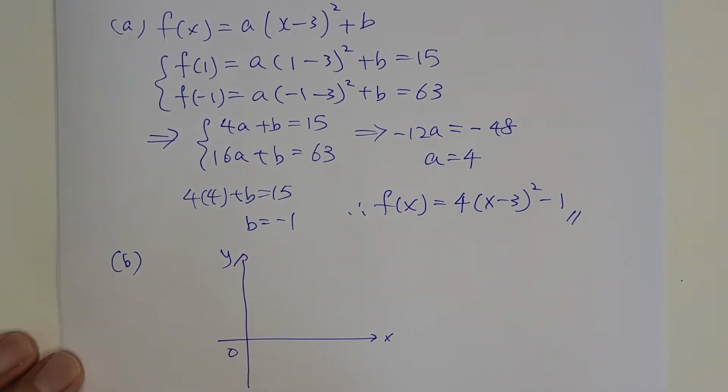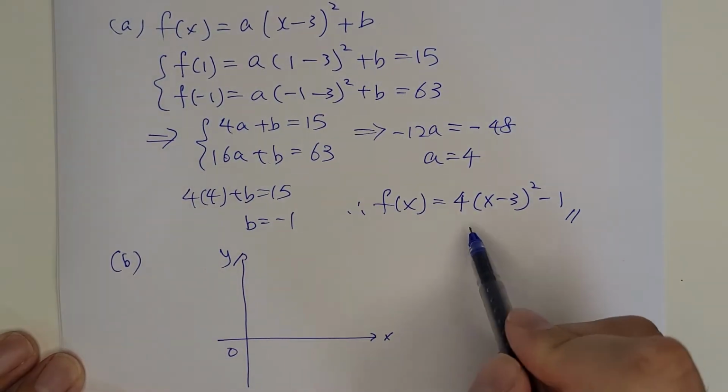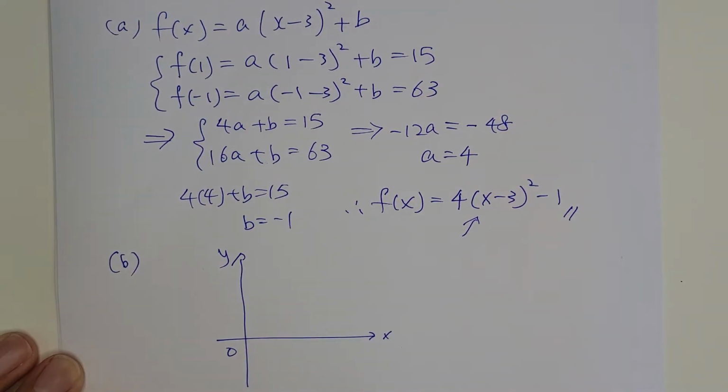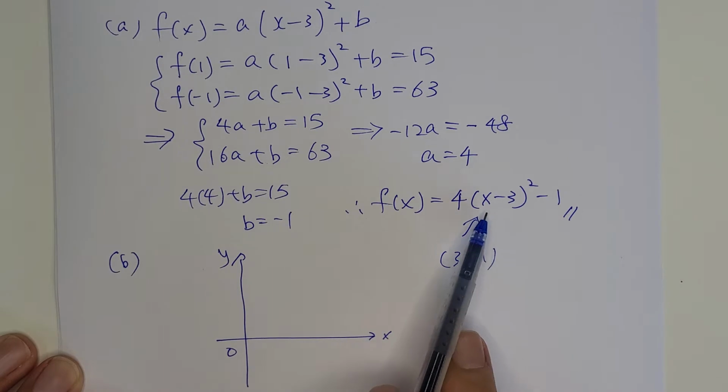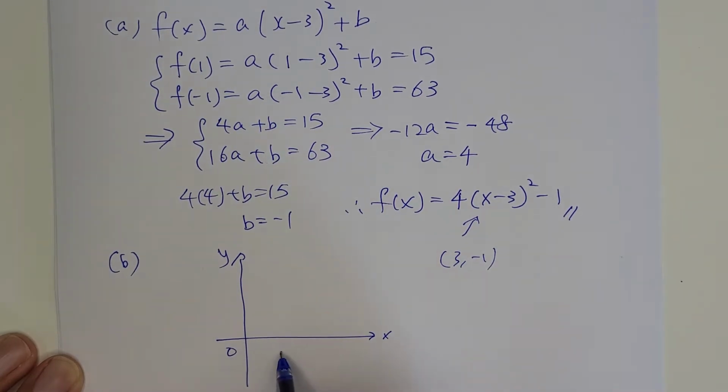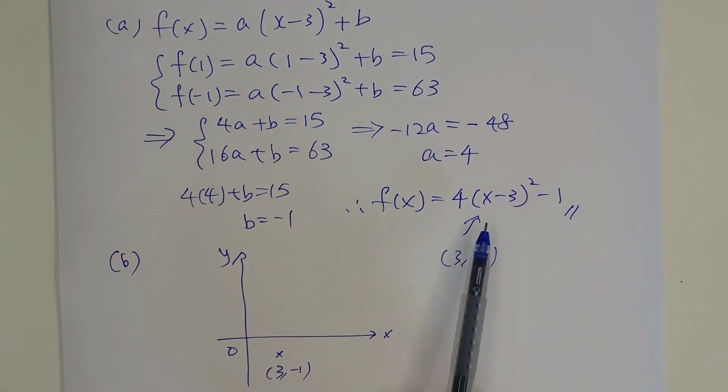Okay? So you know that the graph y equals f(x) has the vertex (3, -1), because it is the vertex form. So that is the vertex of g1. And of course, you can sketch g1 at the very beginning. When you substitute x equals 0, then you can find the corresponding value of y.